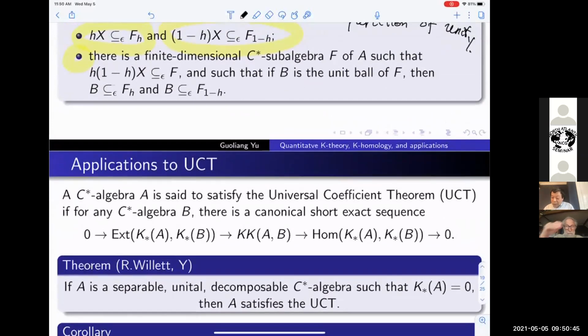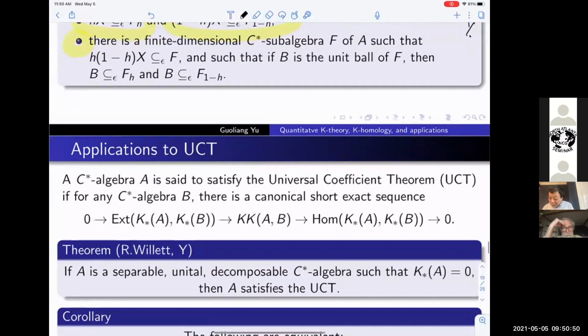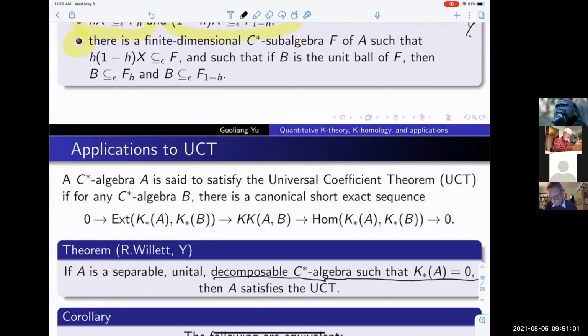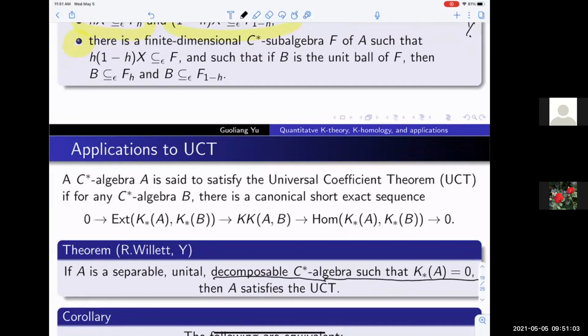Using this kind of quantitative idea, Rufus and I can prove that if it's decomposable with trivial K-theory, it satisfies UCT. Now, you might say this is a serious condition.